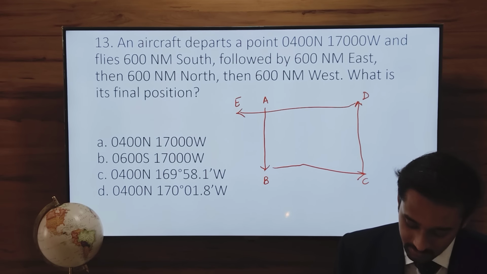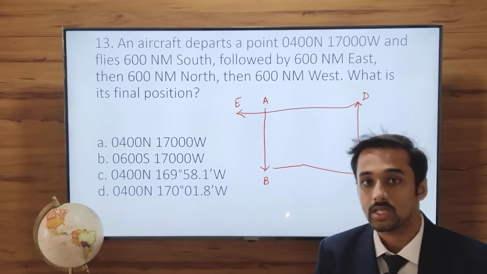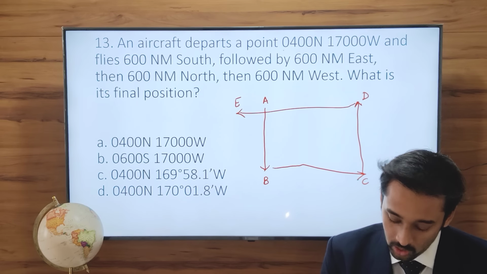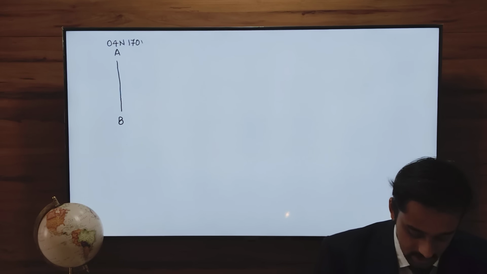So let's start with the first route, which is 04 north, 170 west to 600 miles south. So this is 04 north, 170 west.